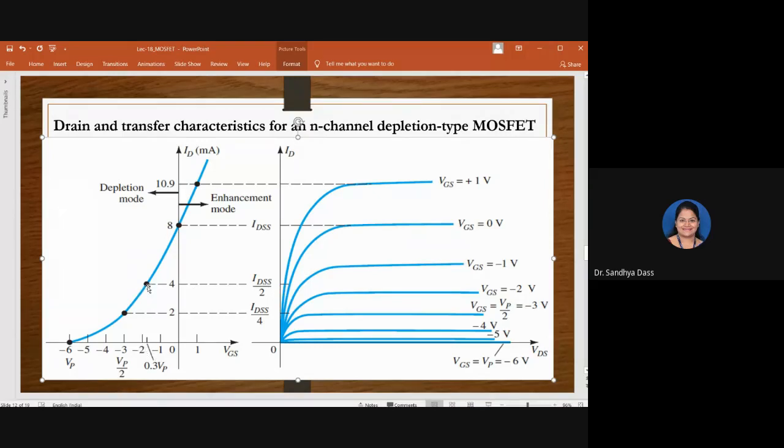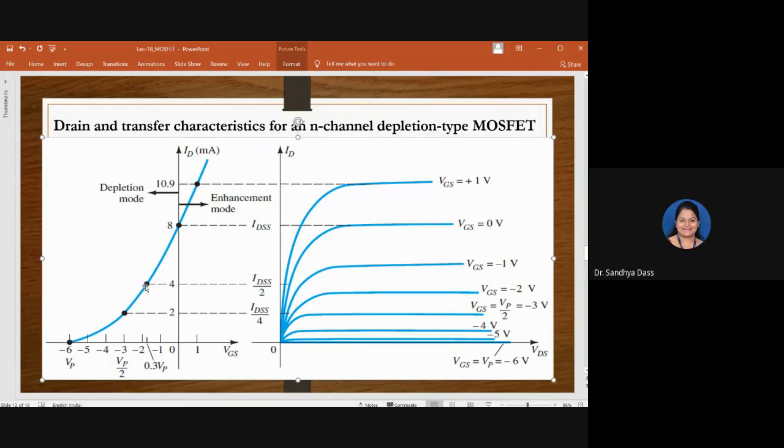Let us take this one for VGS equal to -2. If I extend this, I'll get a point here. The intersection point in the x-axis will give me the VGS value. For VGS of -2, the horizontal line gives the point which is my drain current, say 4 milliamps.